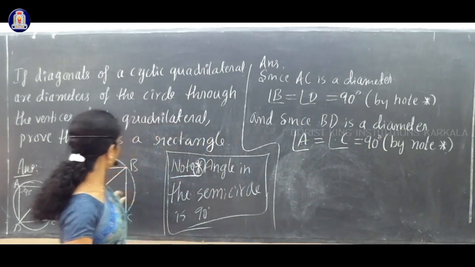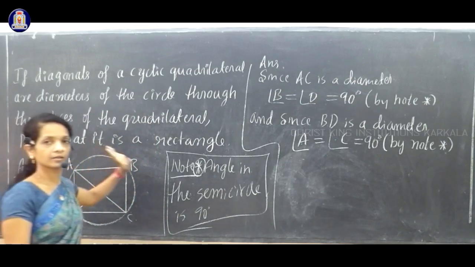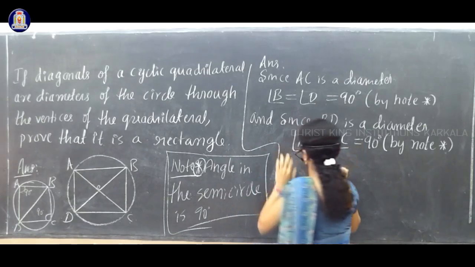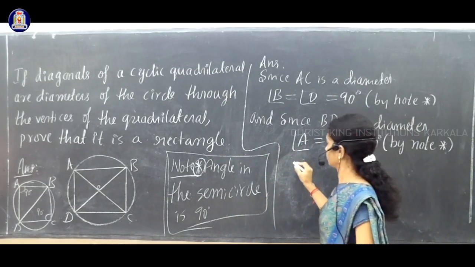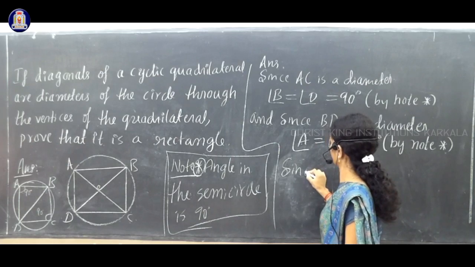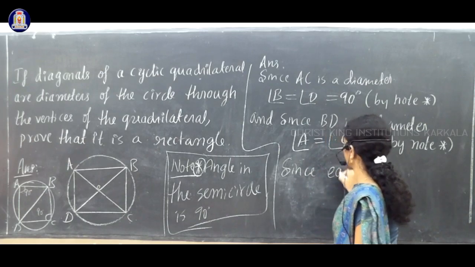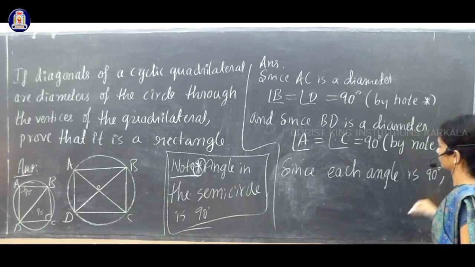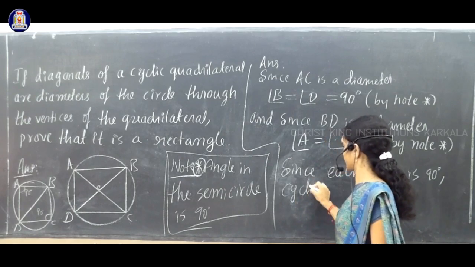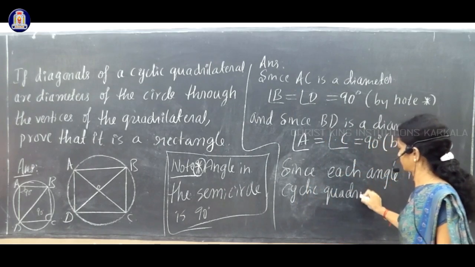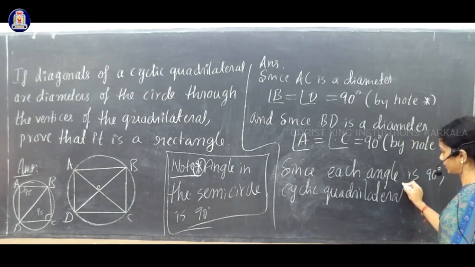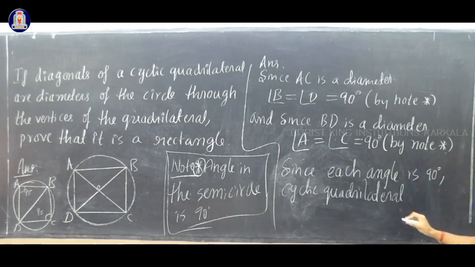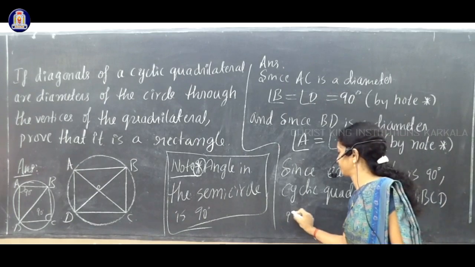So what can you say about this quadrilateral ABCD? It is a rectangle, because just now we proved each angle is 90 degrees. Since each angle is 90 degrees, the cyclic quadrilateral ABCD is a rectangle.